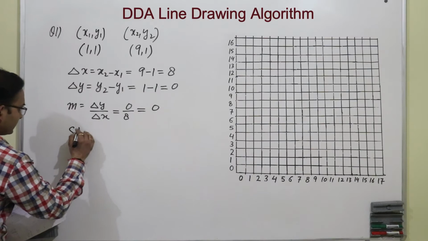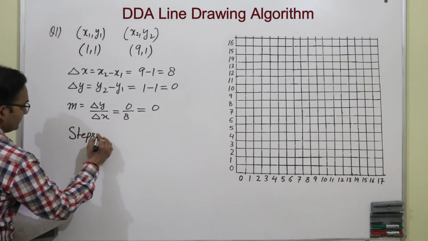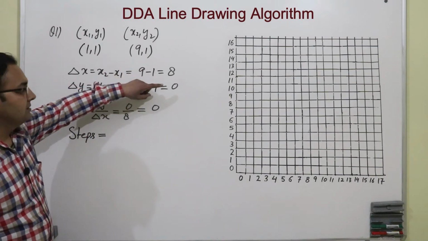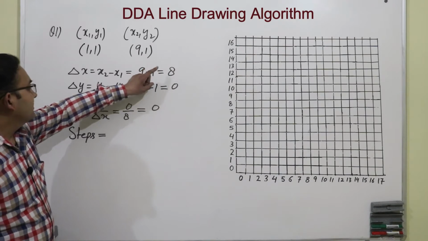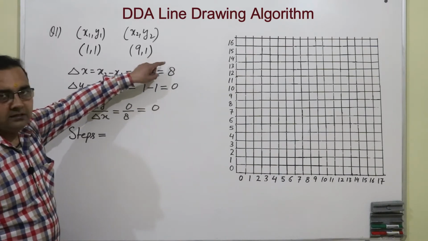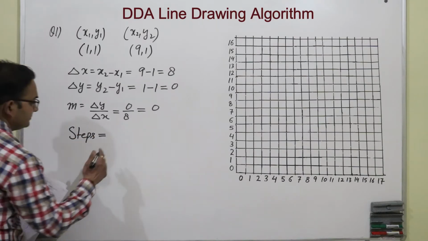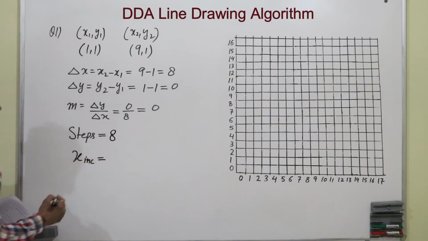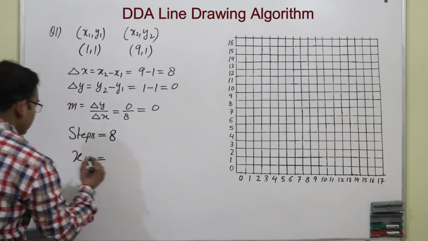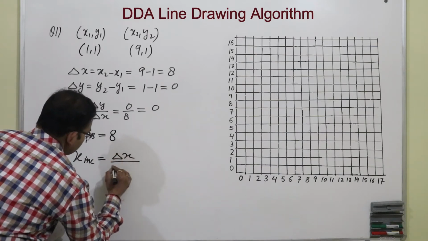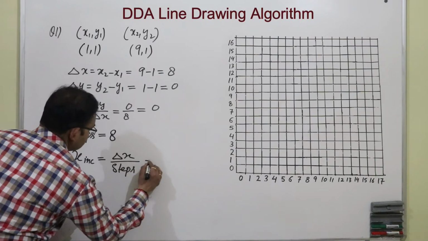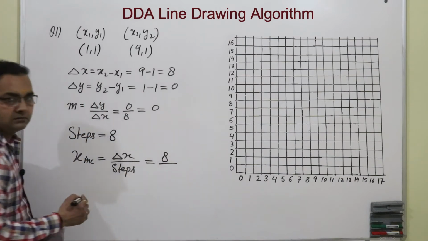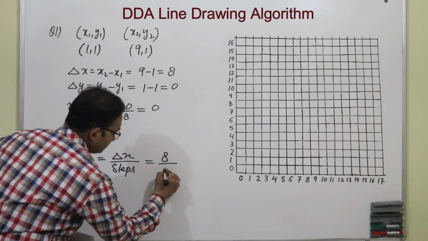Now there is a new term, steps. So what is steps? Steps is the bigger value between delta x and delta y. So, we can see that delta x is bigger than delta y and it is 8. So, steps will be 8. X increment, change in x upon steps, change in x is 8, steps is also 8.